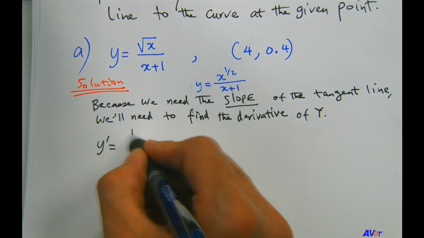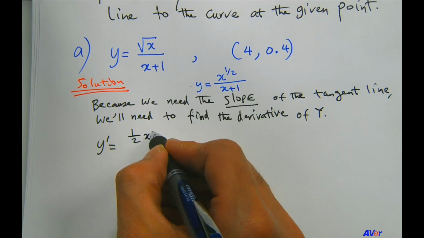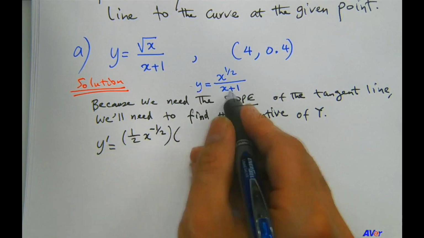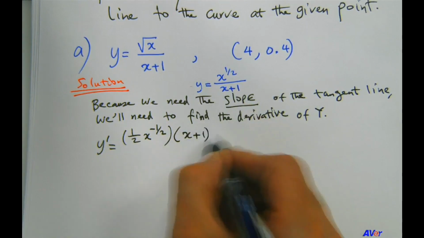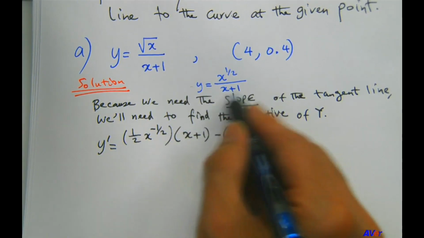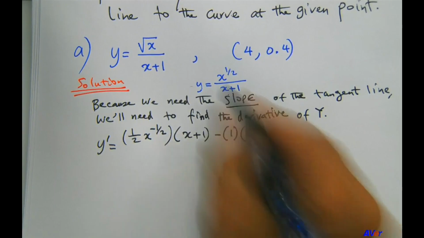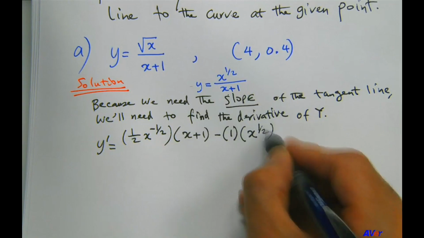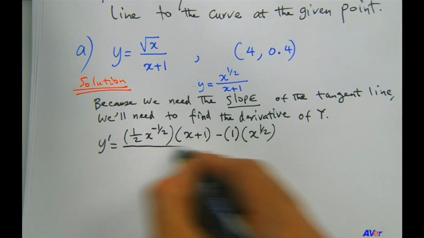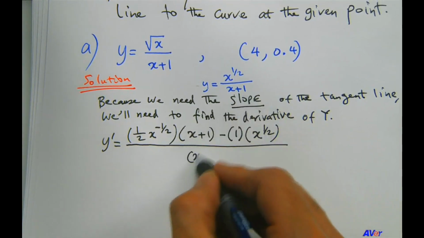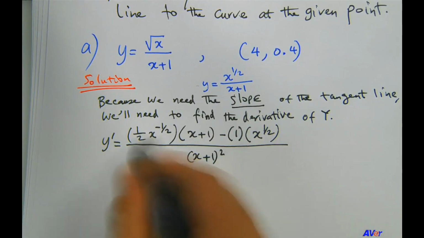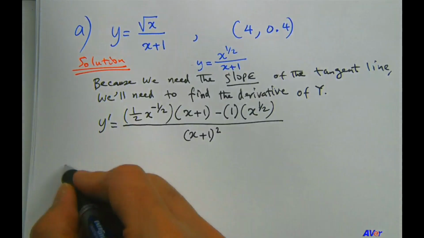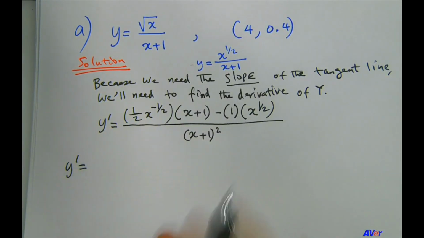So it would be 1/2 times x to the minus 1/2 power times the denominator, x plus 1, minus the derivative of the denominator, which is 1, times the numerator, all of that divided by (x plus 1) squared. So let's simplify here. What do we have? We have y prime.